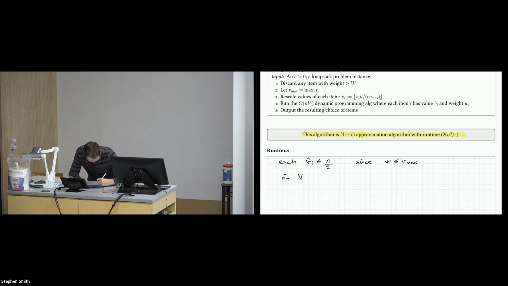So in my scaled problem, the sum of all my values is less than or equal to, just plug in that upper bound of n over epsilon, and I get the sum from i equals 1 to n of n over epsilon, which equals just n squared over epsilon.